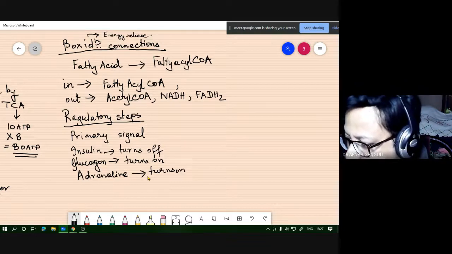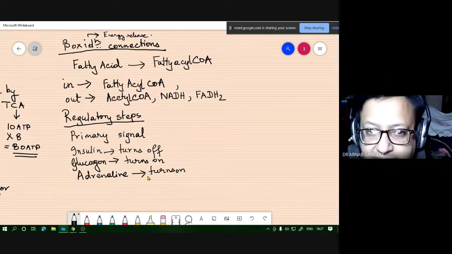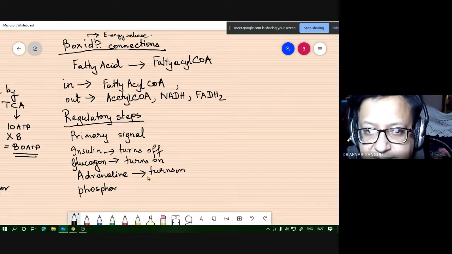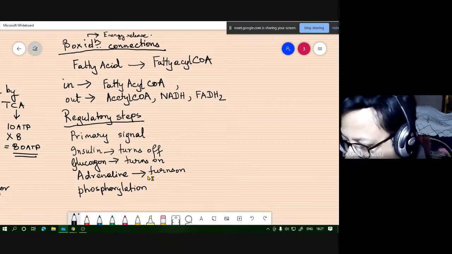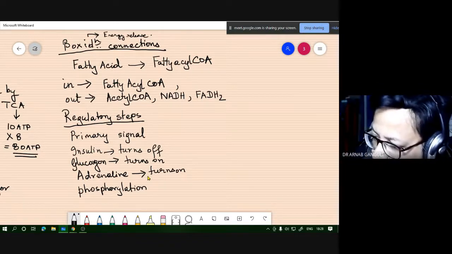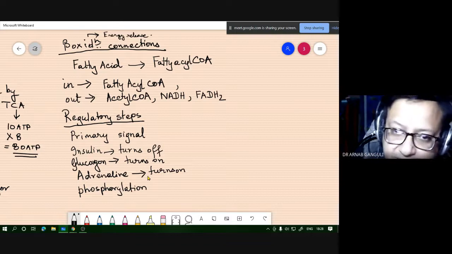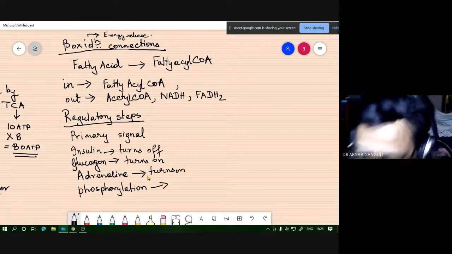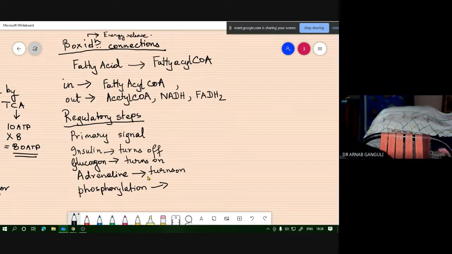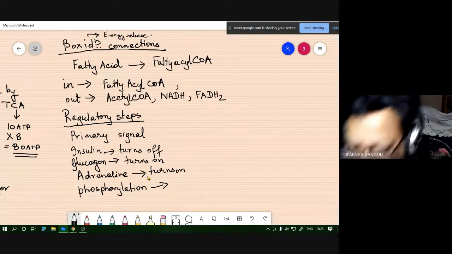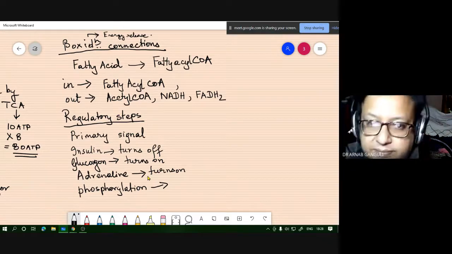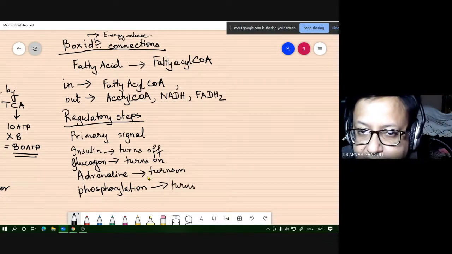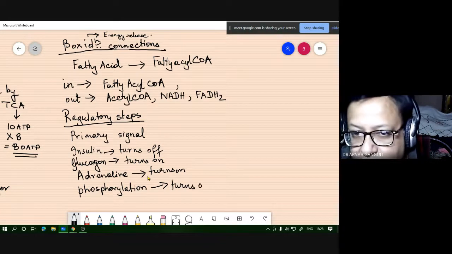Turns on. Then phosphorylation. If hormones are phosphorylated, beta oxidation will also turn on.